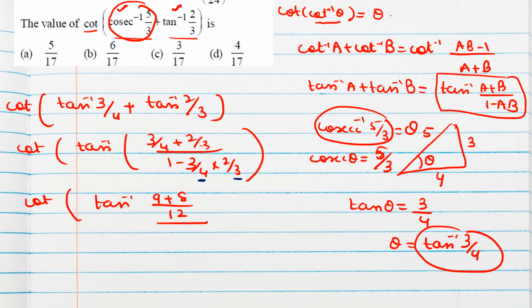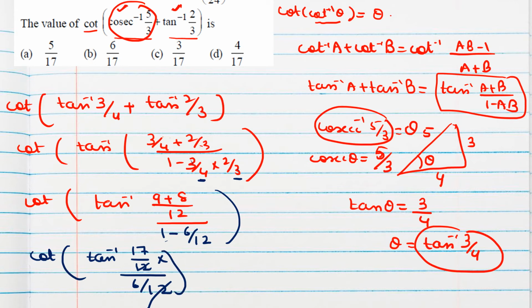You can see 3 is getting cancelled, 4 and 2 are getting cancelled, but don't cancel it that way. Here we can write 1 minus 6 by 12. Suppose if we want to cancel, we need to make the denominators the same. So this will be 17 by 12, this will be 6 by 12. 1 minus 6 by 12 is 6 by 12. So 12 we can cancel now. So the final answer will be cot of tan inverse 17 by 6.